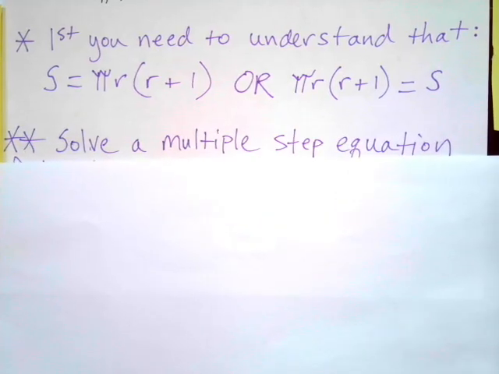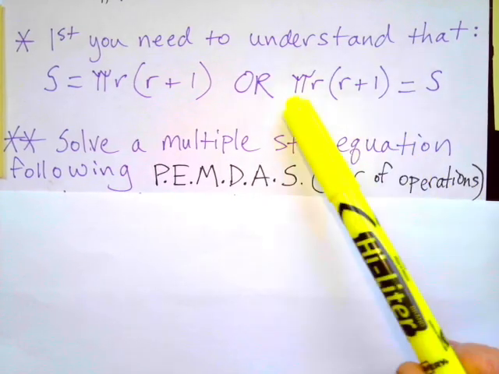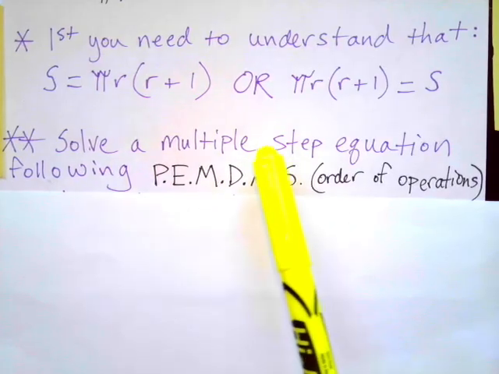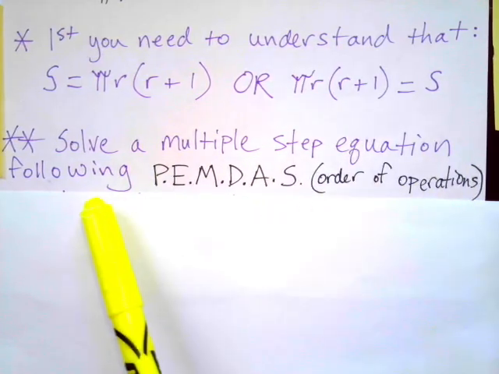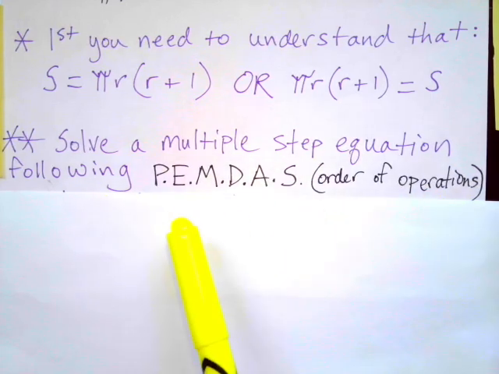So what do we need to know? Well, this is going to turn into a multiple step equation, right? You can see here there are multiple steps. So what we need to do is follow the multiple step equation by following PEMDAS, the order of operations.